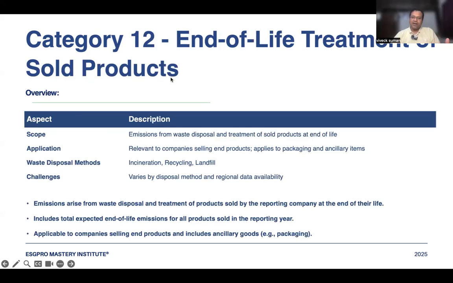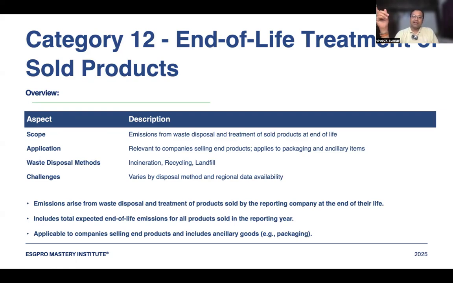Now, when we talk about end of life, it is exactly the same situation. After it finishes its life, how you dispose of your bulb will decide how much emission you have caused, because you have produced that product. Just by you producing it, you are responsible for it. Clear?